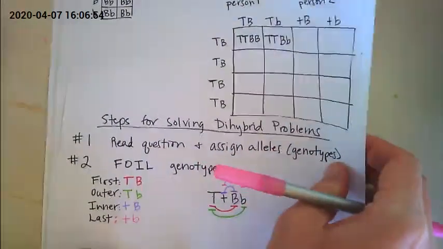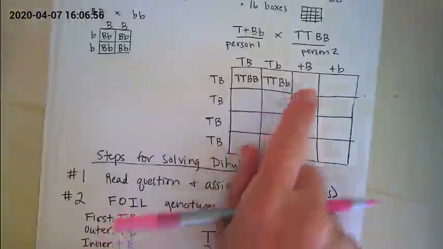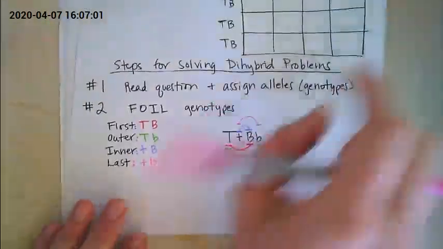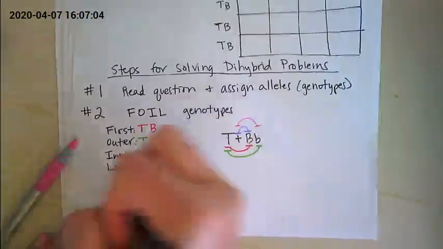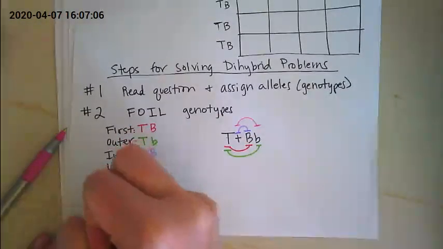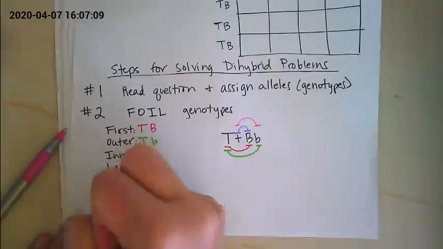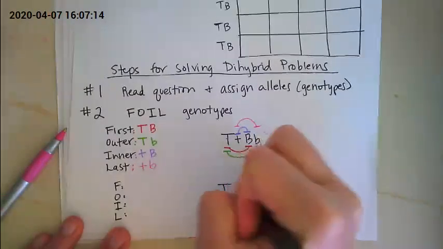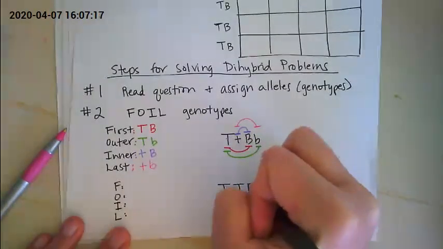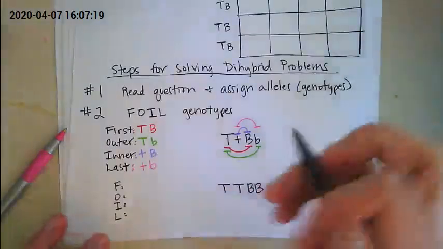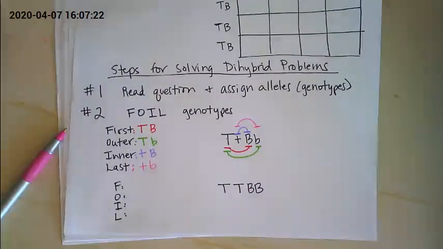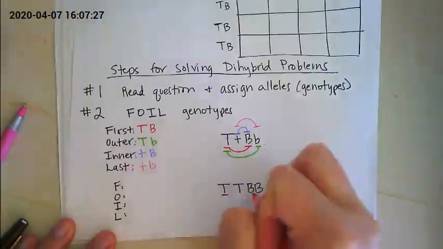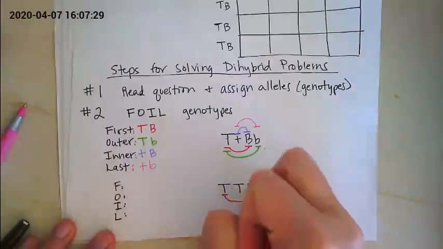So now we're going to foil the next genotype, which was homozygous T, homozygous B, dominant for both. Let's write out our foil, and then let's write our genotype. Let's do the same thing. We're going to switch lots of pens. Start with red. We're going to do first, that's the first letter of each genotype.